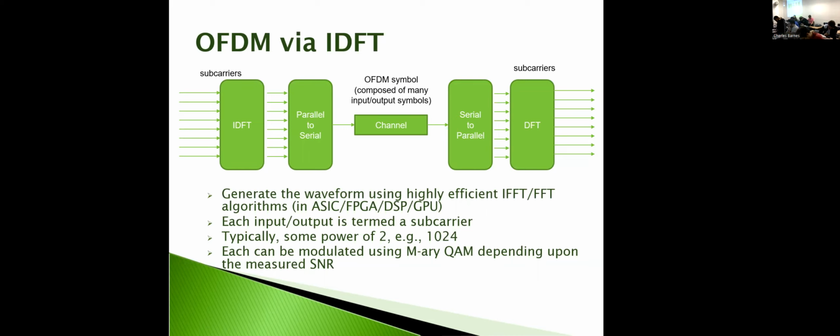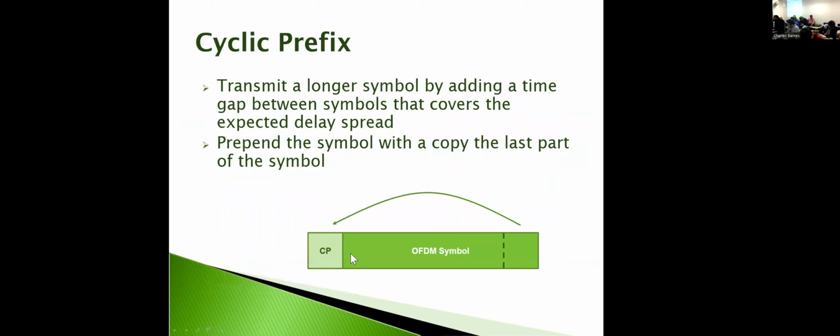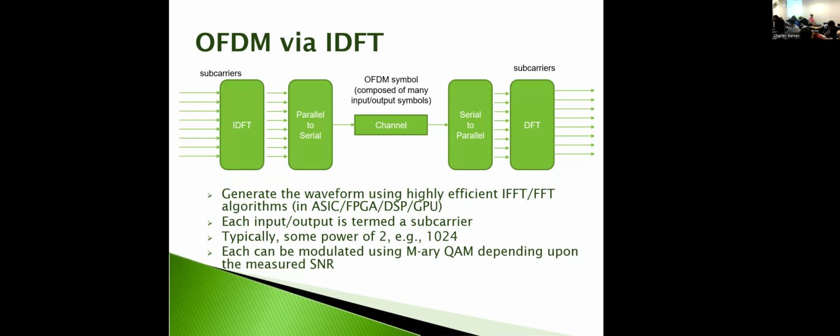And so instead of going at the subcarrier rate, we're going at the OFDM symbol rate, right? The OFDM symbol here is a combination of all those 1024 subcarriers or whatever. So we're in a sense dividing this symbol rate by on the order of 1,000 or so.